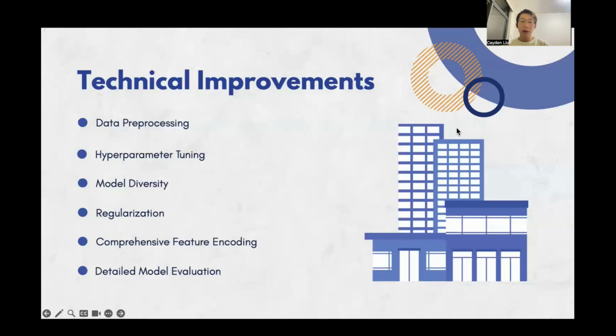We've also expanded our model selection by adding logistic regression, decision tree, and neural network models, allowing for a richer comparison of performance.